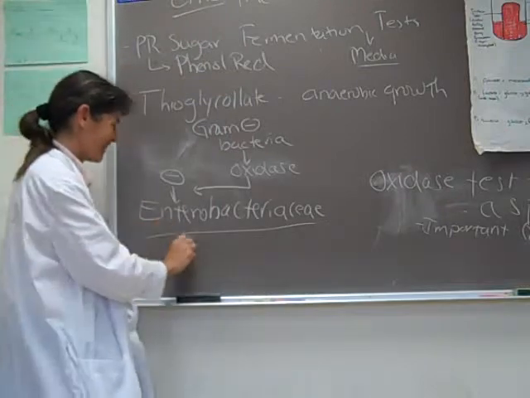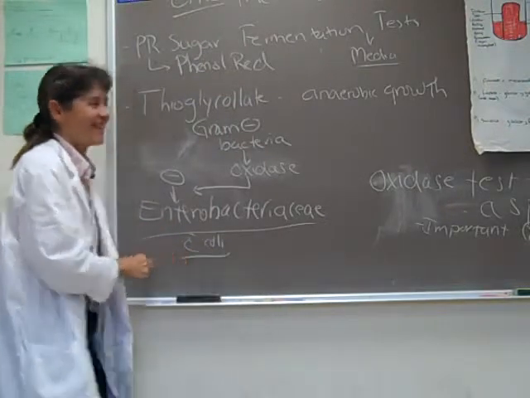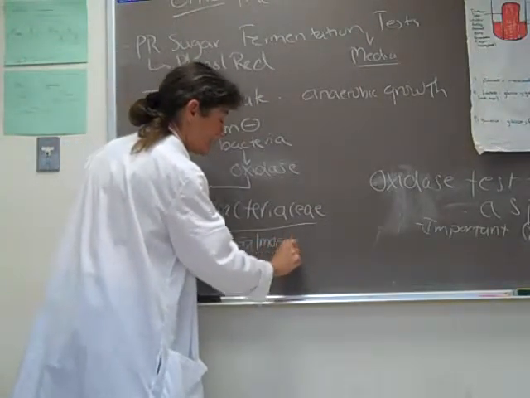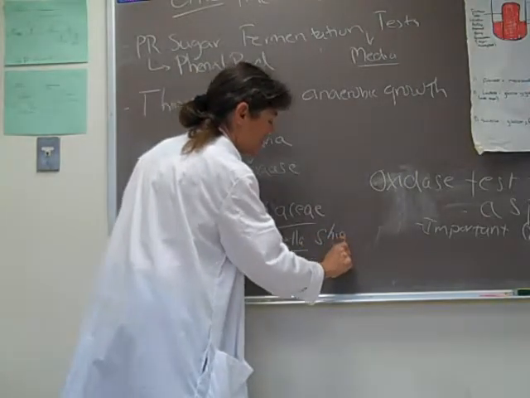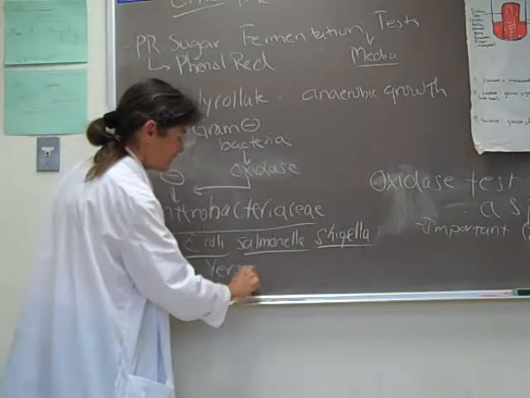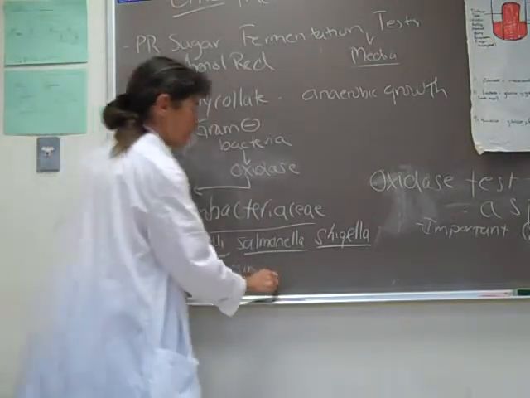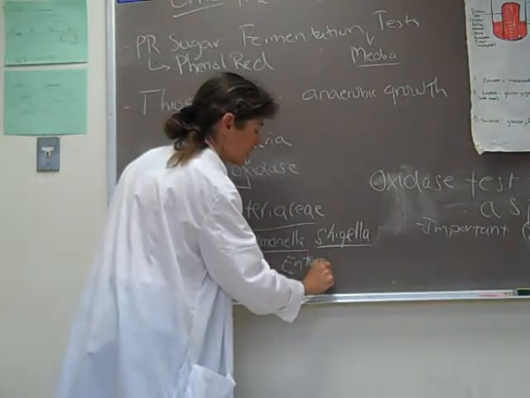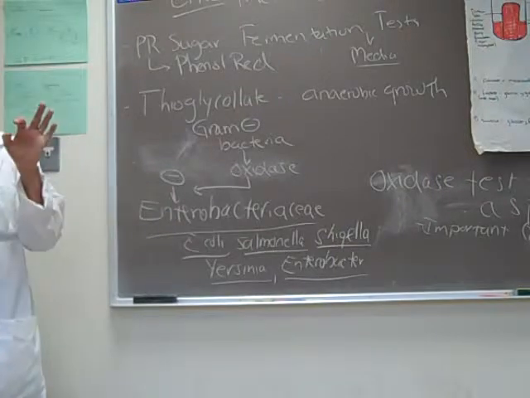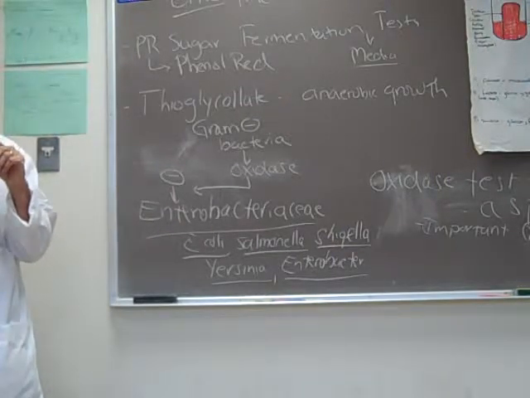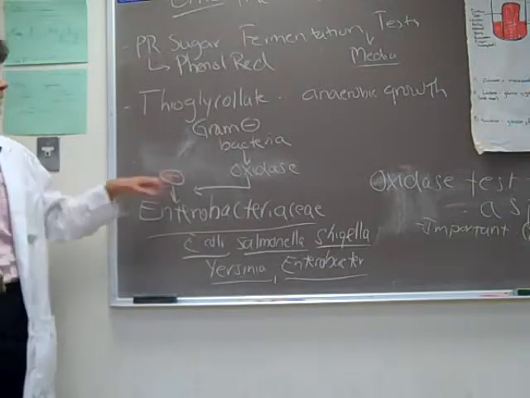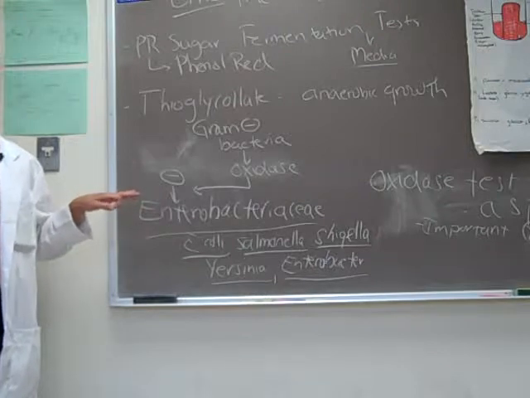We've got E. coli, Salmonella, an important pathogen, Shigella, Yersinia pestis, which causes bubonic plague, Enterobacter. These are just some examples. This is a huge family of gram-negative bacteria. And in fact, I would say the majority of the gram-negative bacteria we work with here in lab are Enterobacteriaceae. So an important part of this family is they're all oxidase negative.